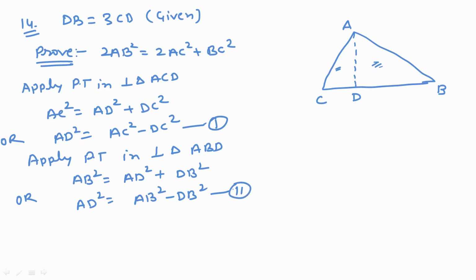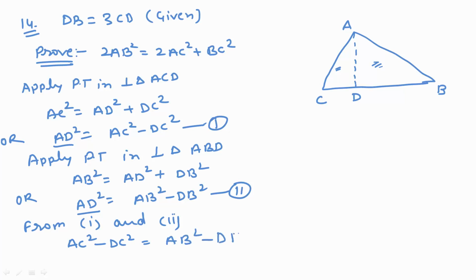This is number second. So comparing equation first and second, the left sides are equal, then the right sides will also be equal. AC square minus DC square is equal to AB square minus DB square. This is your number third equation.